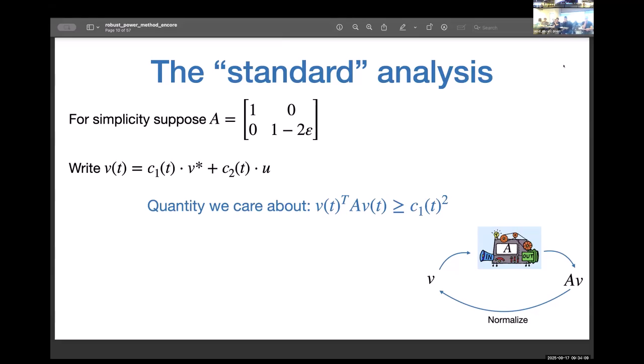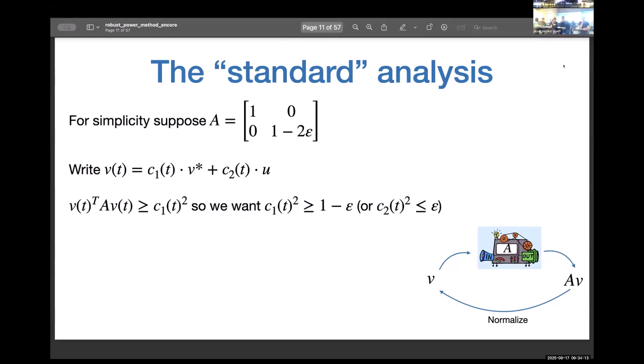So I can just forget about things in the second eigenvector. What that means is that if I have very high mass in the top direction, then I will have a good approximation to the eigenvalue. This is all standard power method analysis: we use the mass in the first coordinate to keep track of progress.